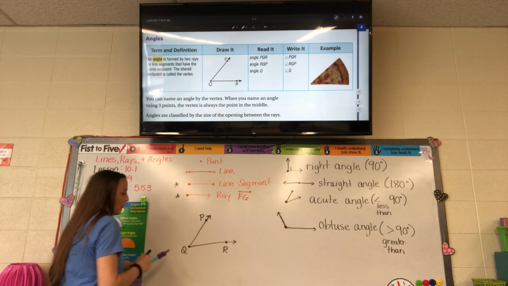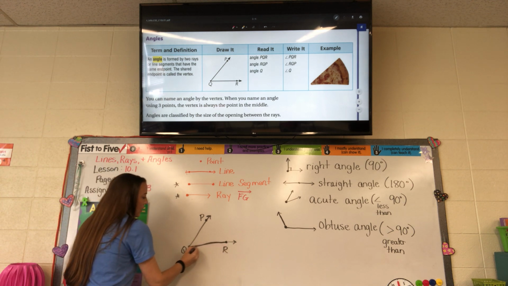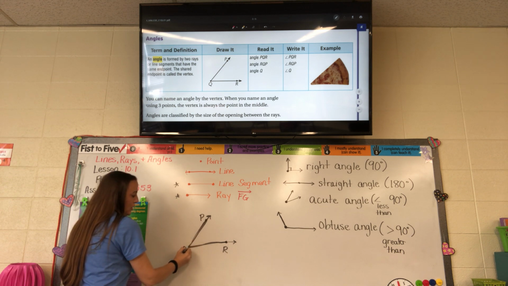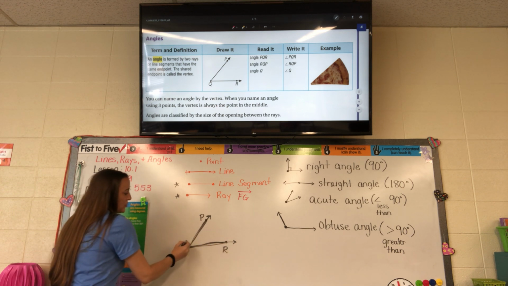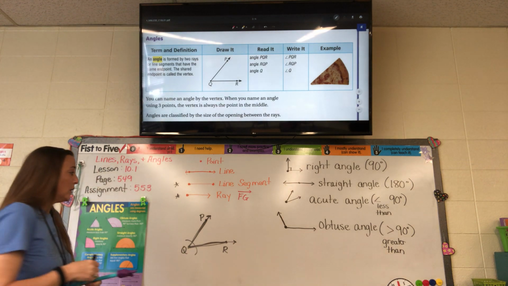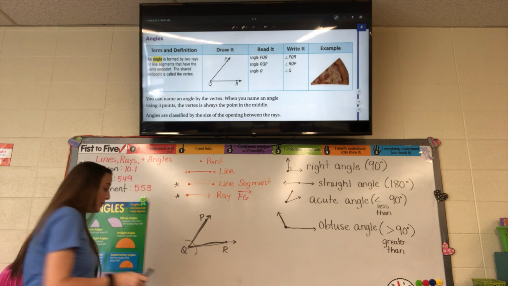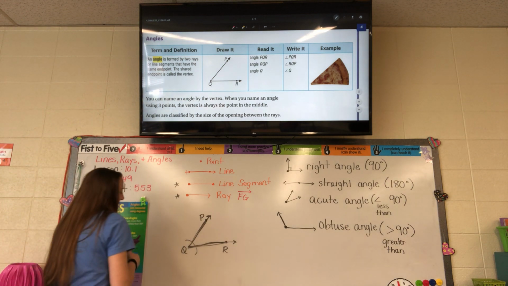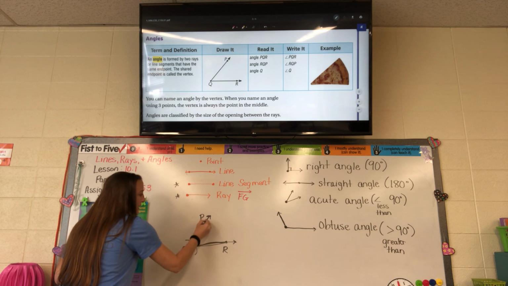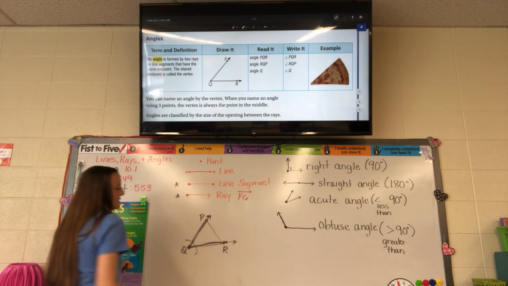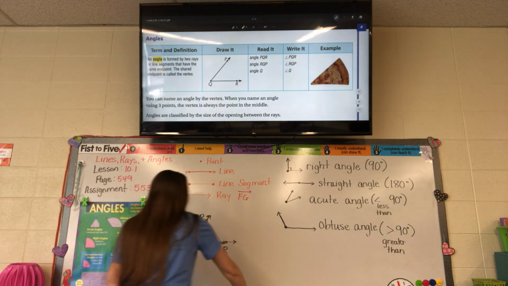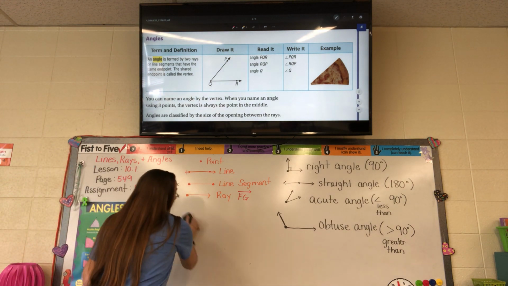So you can go angle RQP, or angle PQR, or just angle Q. Any of those three names work. What you can't do is start with the Q. You can't go Q, P, R, because that doesn't follow our angle. So you have to go in order, either starting at the top or the bottom.